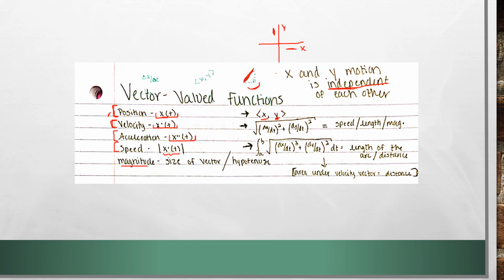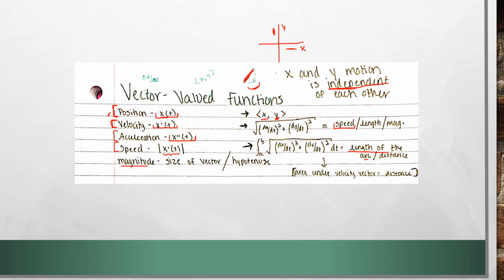And this formula right here, the square root of (dx/dt) squared plus (dy/dt) squared, tells us the speed of the vector and also the length or the magnitude of the vector. The integral from a to b of the square root of (dx/dt) squared plus (dy/dt) squared tells us the length of the arc or the distance of the vector.